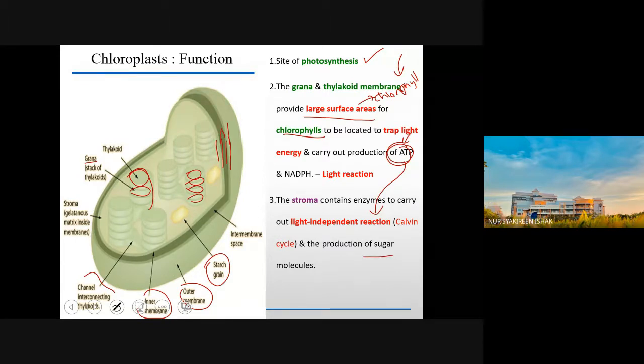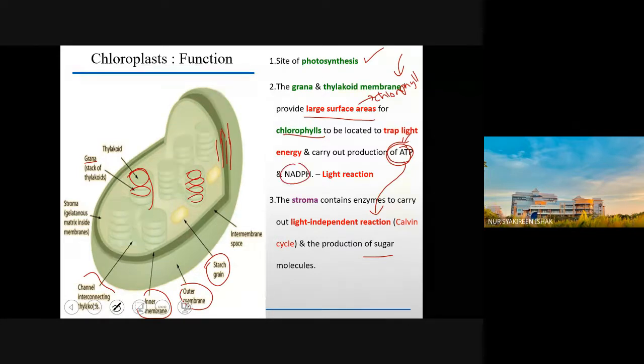So that's why there are 2 stages, light reaction and dark reaction. Light reaction is to convert light energy to chemical energy in the form of ATP, and another molecule which is NADPH actually.